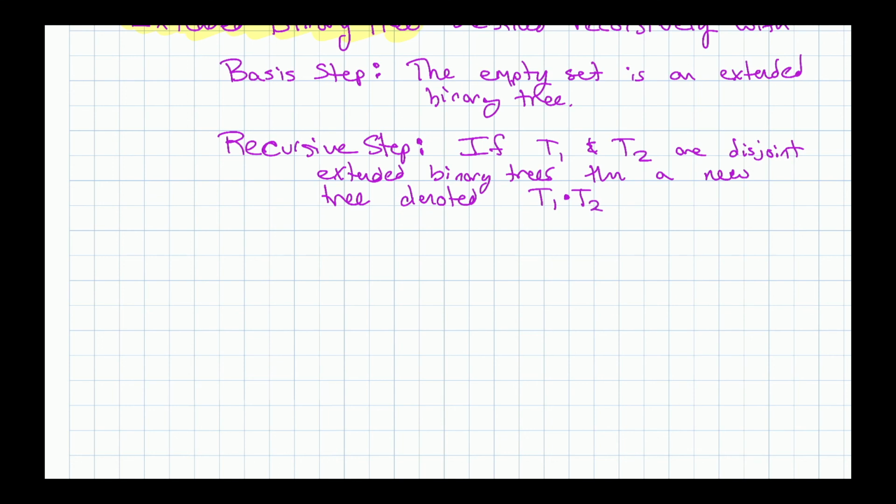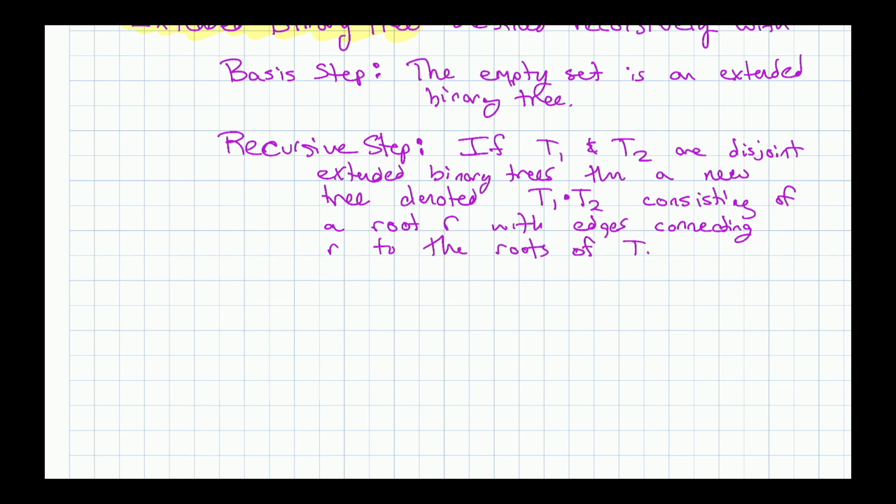So T1 dot T2 is going to be a specific binary tree consisting of a new root R, together with edges connecting R to the roots of T1 and T2, when these trees are non-empty.